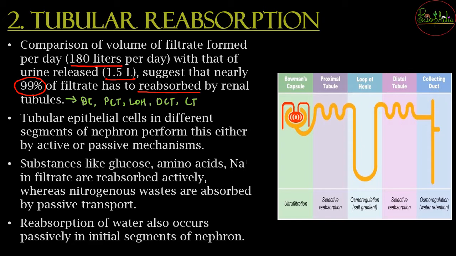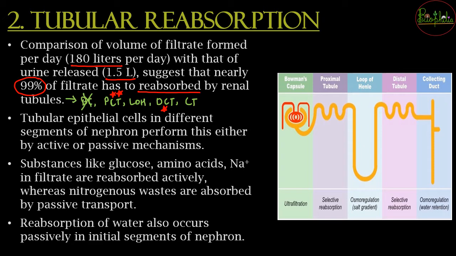But Bowman's capsule doesn't play much of a role in reabsorption, whereas the PCT is the major one supporting reabsorption. And the DCT also acts for conditional reabsorption. We'll see these functions in detail one by one.